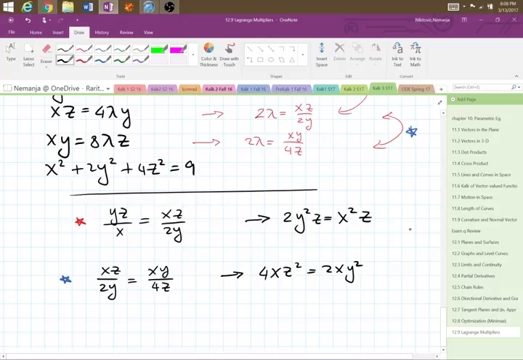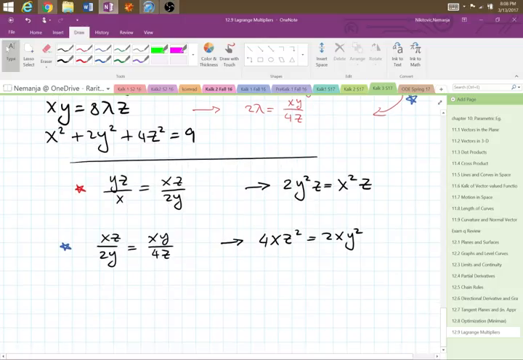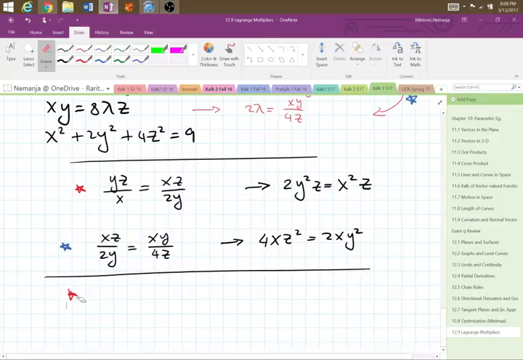So I'll do the line again. So here's again the red star for the first equation. I have, when z divided by z is 1, a relationship that x squared is equal to 2y squared.